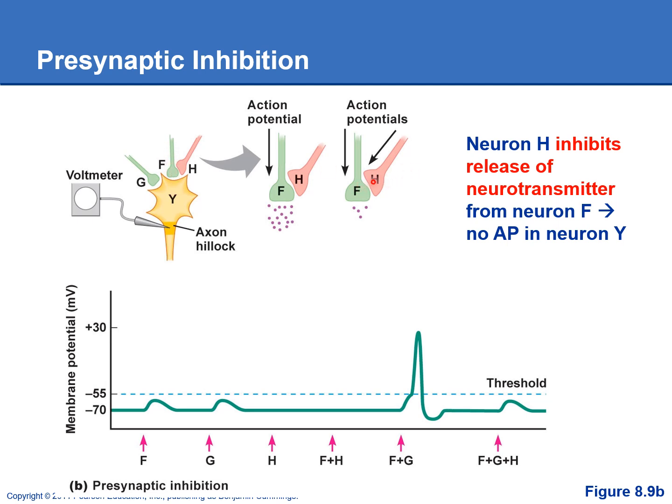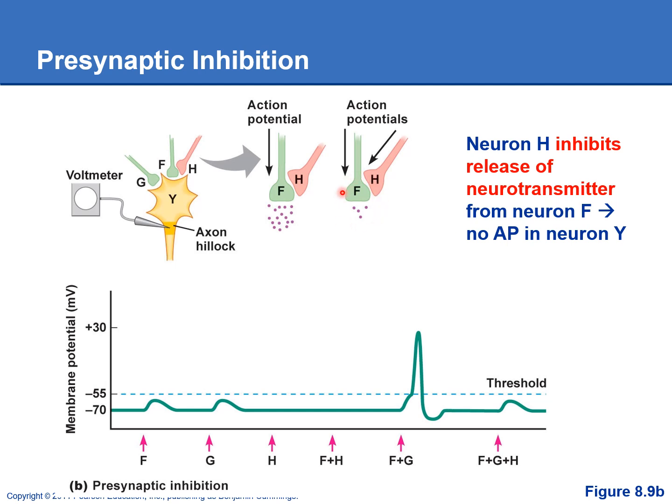H will actually decrease the amount of calcium coming into the axon terminal of this presynaptic neuron F, and that will decrease the amount of neurotransmitter released from this presynaptic neuron F. And so this is presynaptic inhibition.